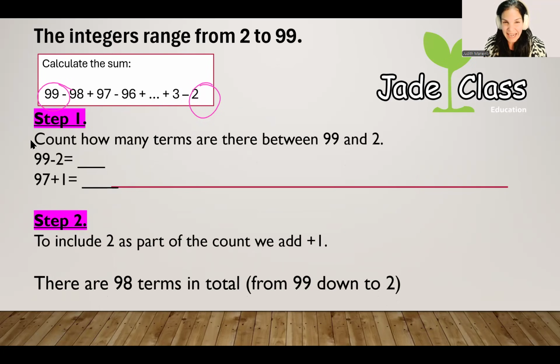If you subtract 99 minus 2, you're going to see how many terms there are. So that's the important thing, how many terms. So what is 99 minus 2? Go ahead and do the math, because we need to find out how many integers there are. So as we can see, 99 minus 2 equals what?